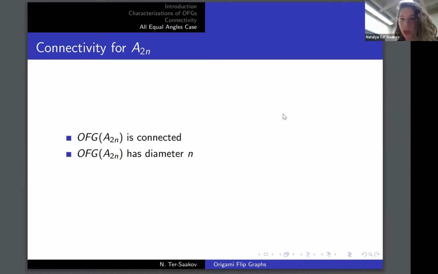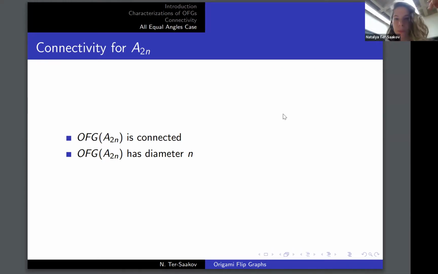So you just flip every other face, and that gets you things that are n apart. Every face flip flips only 2 creases. We have 2n creases. We need n flips. But proving that n is sufficient was a little bit harder, did that as well.